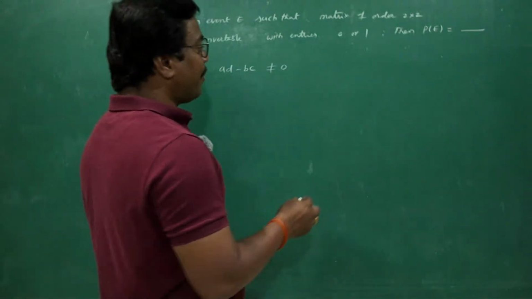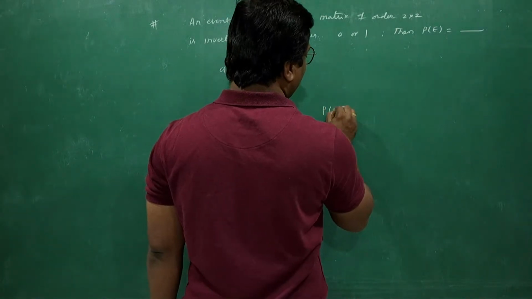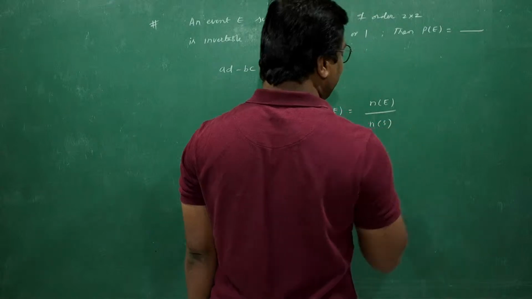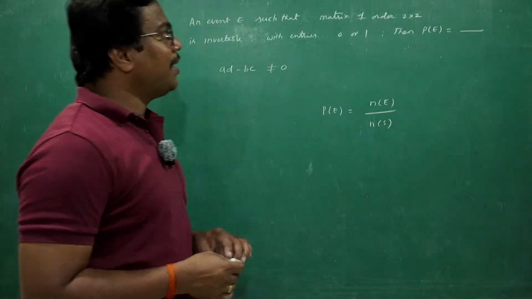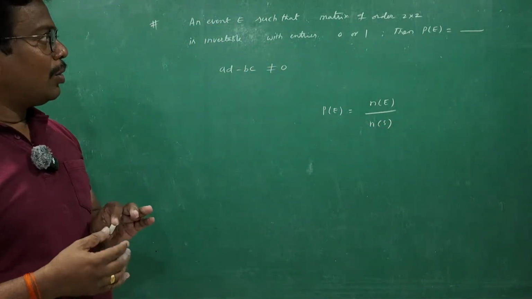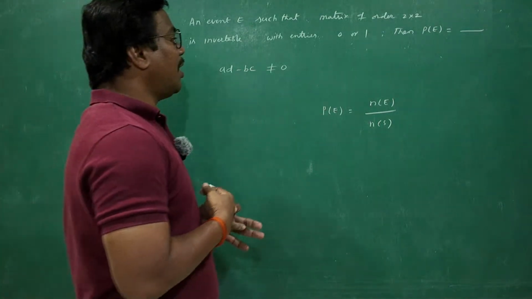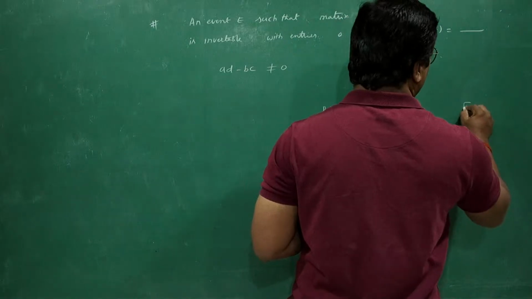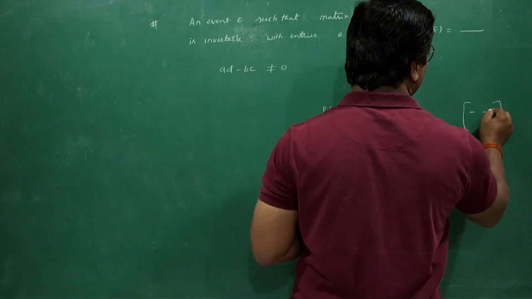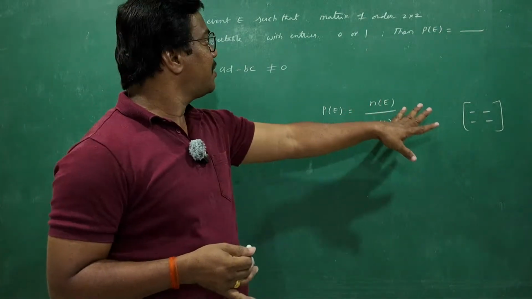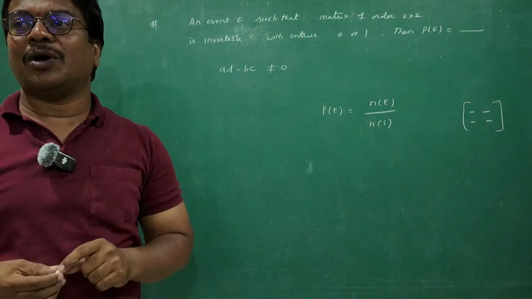Probability of an event, you know that n of E by n of S. So in the denominator you have to write the total number of 2 cross 2 matrices with entries 0 or 1. There is a matrix of order 2 cross 2 with 4 blanks. In these 4 blanks you need to enter either 0 or 1.